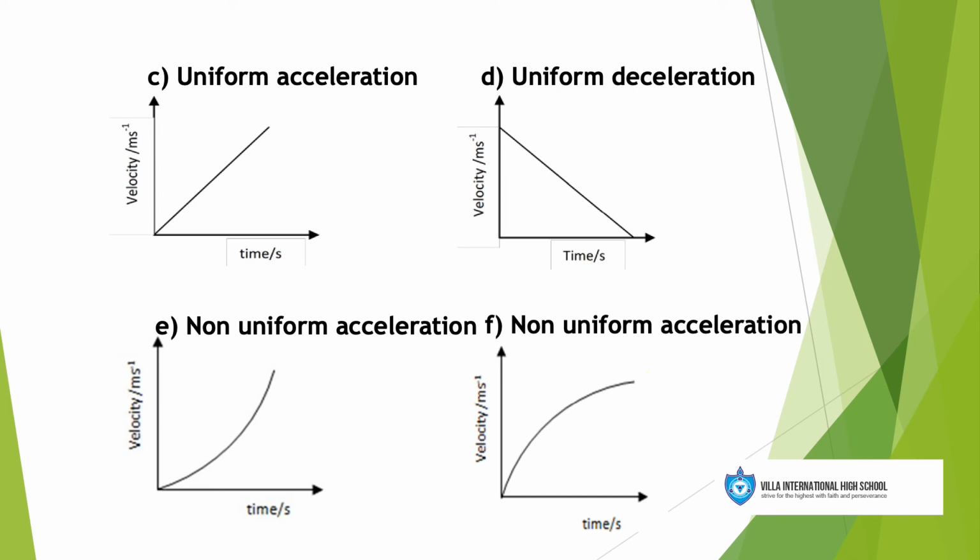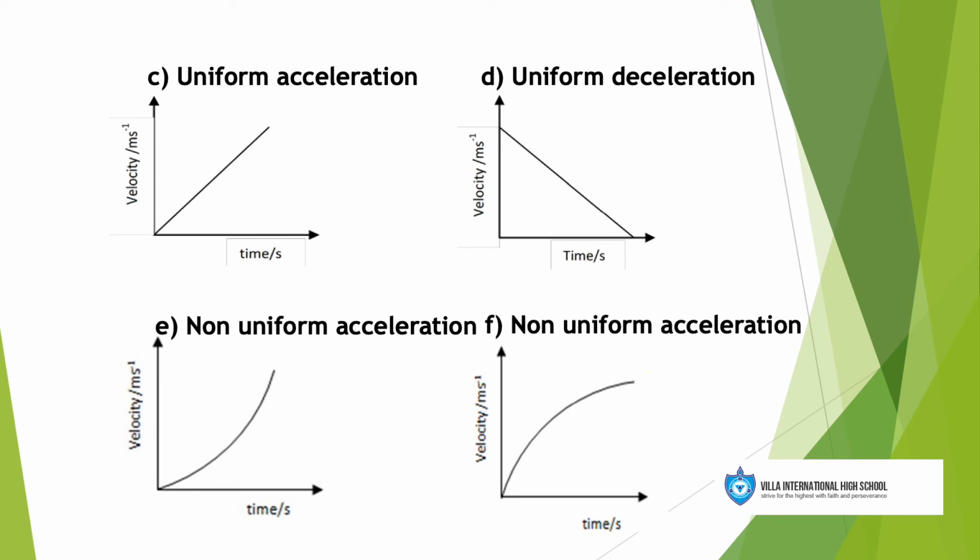So the E graph is non-uniform acceleration and acceleration is increasing. Then F, it's still acceleration, but the acceleration is greater at the beginning and the acceleration is decreasing, which means it's non-uniform acceleration, but acceleration is decreasing.